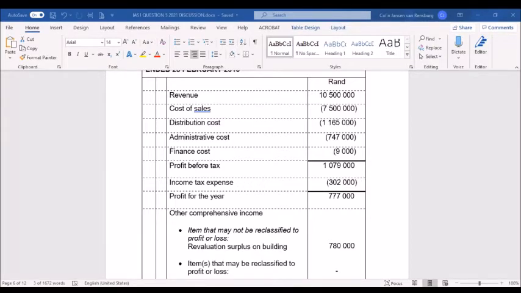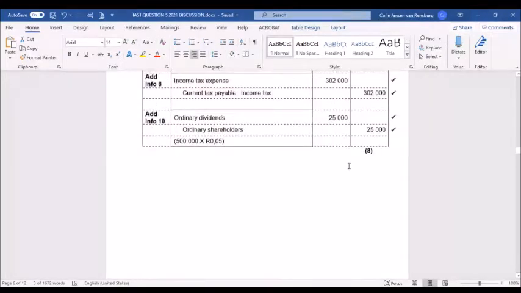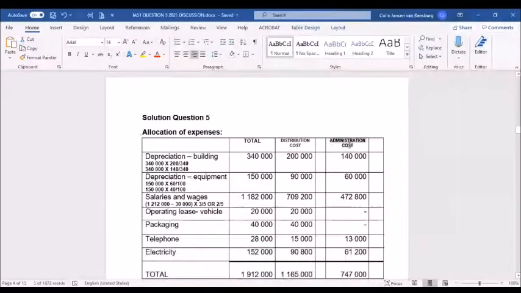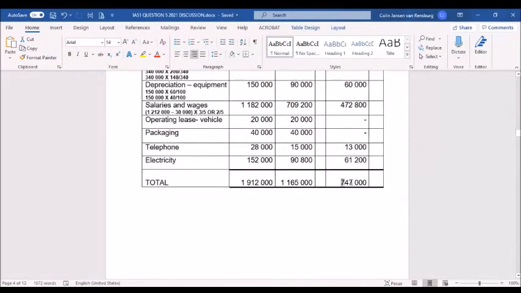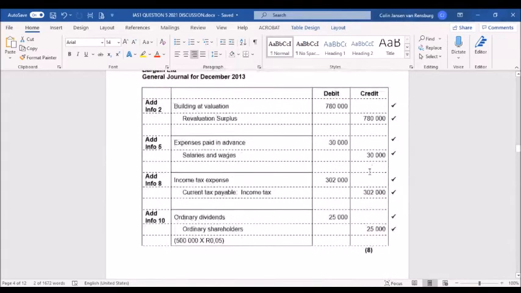Right. Okay, so now let's go to our next cost function, the administrative function. So we simply go back to our allocation table. We see where we allocated all the expenses to administrative costs, this column. We've added up all the figures in that column. We arrived at a total of 747,000. We simply take that figure, we copy it over.